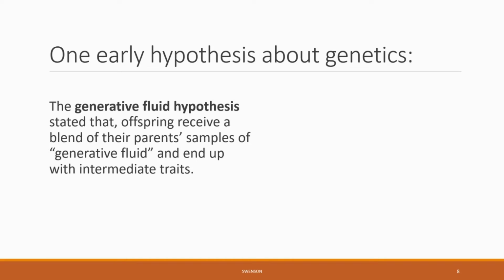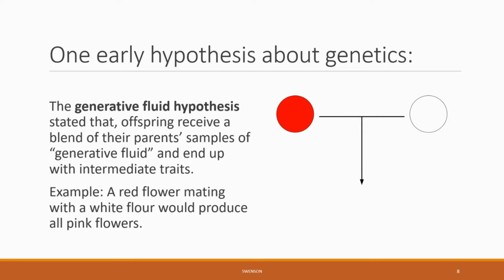The generative fluid hypothesis states that offspring receive a blend of their parents' samples of, quote, generative fluid and end up with intermediate traits. This would be like mixing watercolors blue and red together to get a color purple. You wouldn't get red or blue, but something in between.